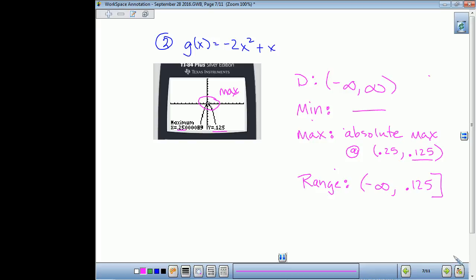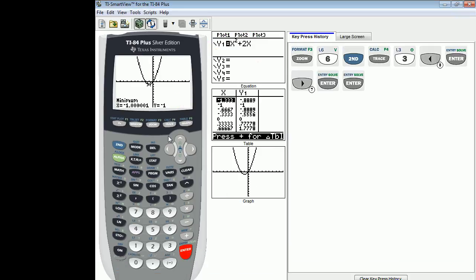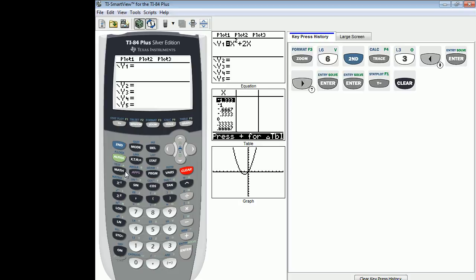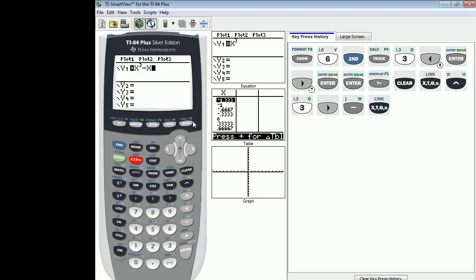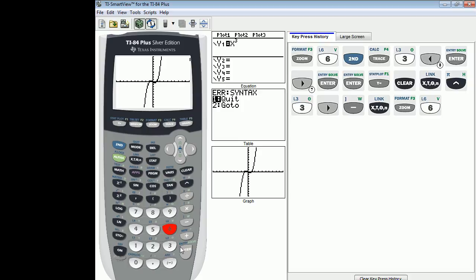Graph number 3. What is the equation? X cubed minus X. X to the third minus X. So when you look at your graph, it looks like this, and it's a little hard to tell what's going on.